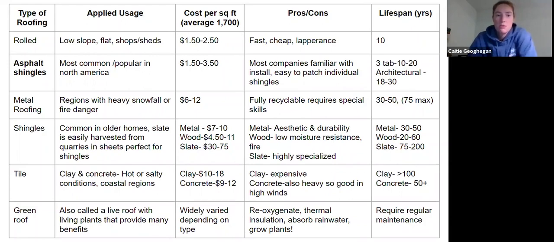But just to see what some of your other options are, you have different kinds of shingles that are a similar concept to the asphalt shingles, which we're going to learn how to put on tonight, but they're made out of different materials. So this would be your cedar shake shingles, and if you ever see slate or wood, those I think used to be more popular and used to be the industry standard.